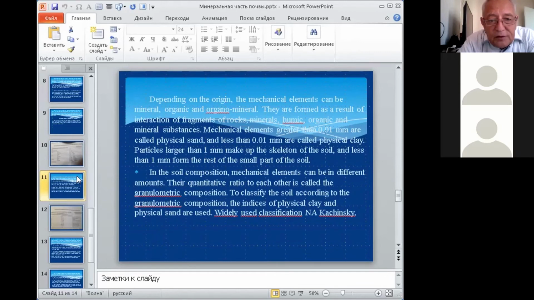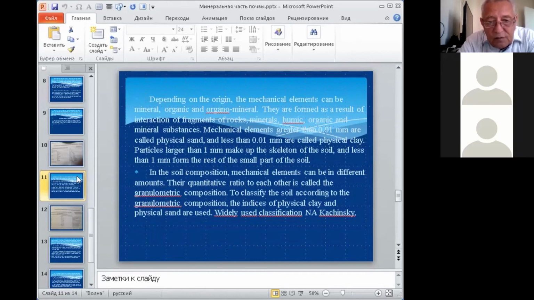In the soil composition, mechanical elements can be in different amounts. Their quantitative ratio to each other is called the granulometric composition. To classify the soil according to granulometric composition, the indices of physical clay and physical sand are used.